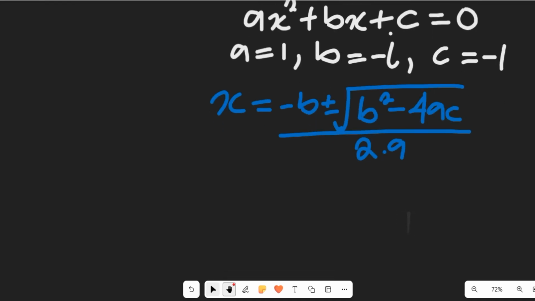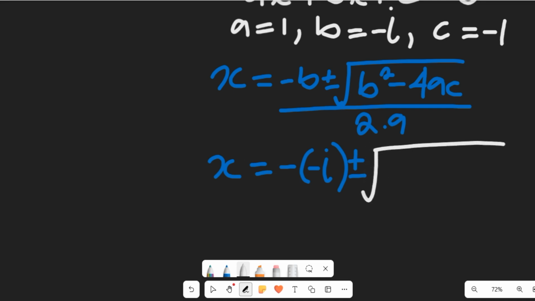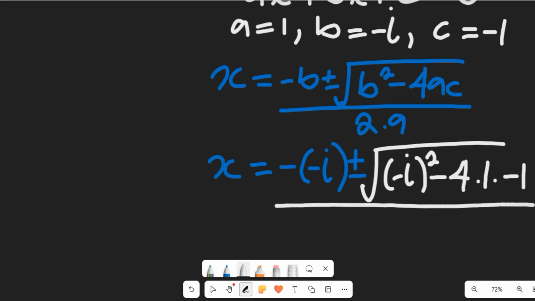Now if we insert all those parameters inside here, you will see that our x will be equal to minus, remember it is minus i, so we put minus i inside, and this will be plus or minus the square root of, this will give us what? Minus i square, and this will give us minus 4 multiplied by 1 multiplied by minus 1, and all of this will be divided by 2 times a which is 1.